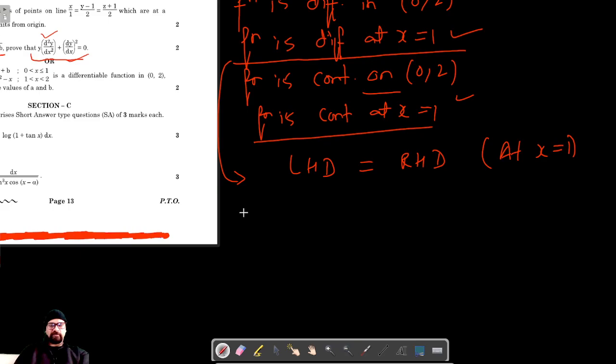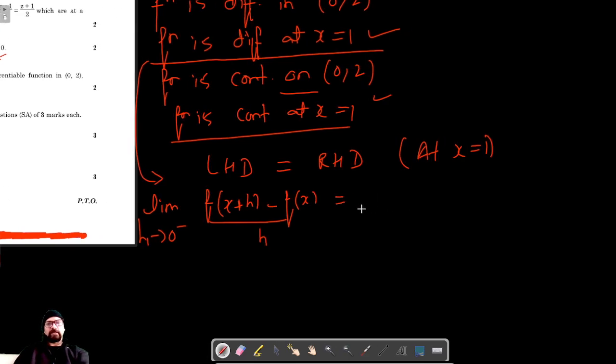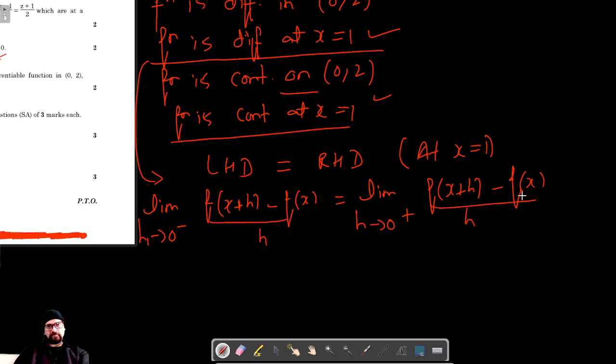So let's find out the left hand derivative. The left hand derivative is limit h tends to 0 negative of f of x plus h minus f of x upon h, and the right hand derivative is limit h tends to 0 plus of f of x plus h minus f of x upon h.